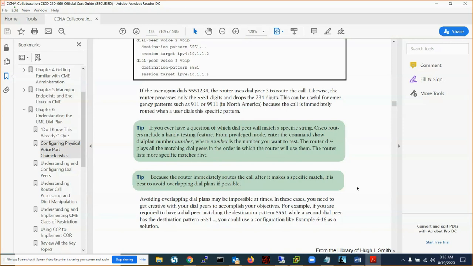So I have to make sure that I have no extension overlapping with that. Because if somebody is trying to call 81110, as they press 811, they will call the ambulance instead of going to the person's extension. So yes, you have to plan your dial plan carefully when you're implementing a PBX.